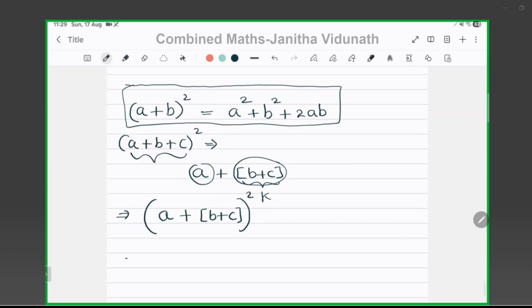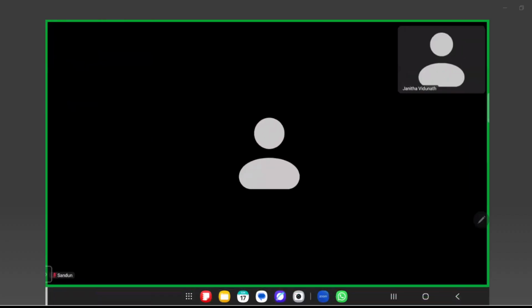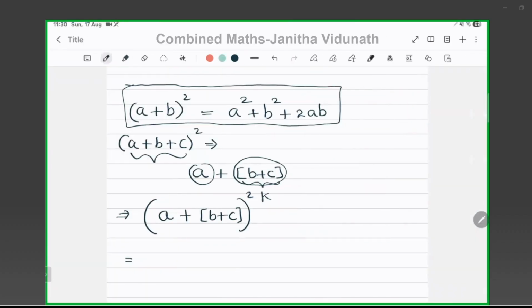Then we know that the final answer of this expansion is square of the first term, square of the second term, here our second term is b plus c, and 2 times first term times second term.